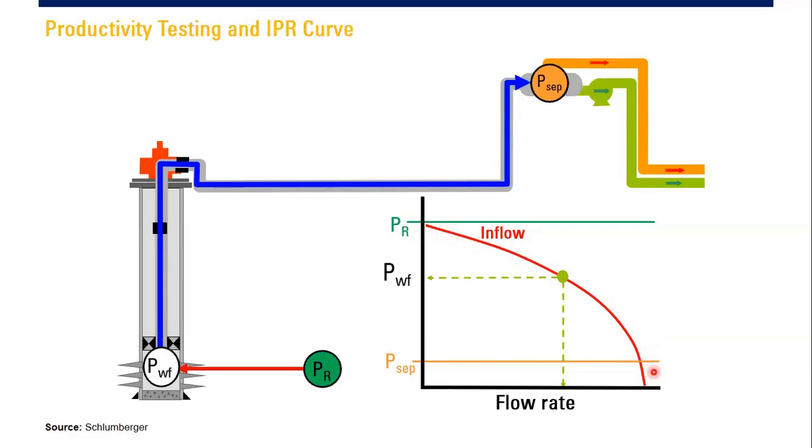Okay, so if reservoir is a person and the engineer is a doctor, then IPR is a curve that shows the performance and the health and the stamina of that person. So we as reservoir engineers or petroleum engineers are doctors of our reservoir, and this plot is the curve of our reservoir's performance.